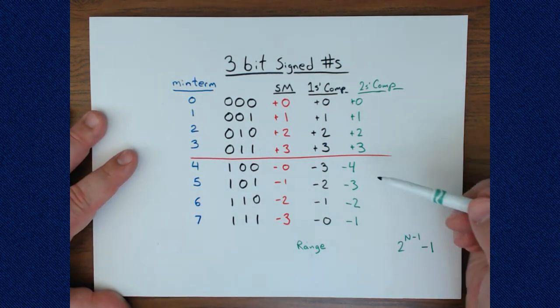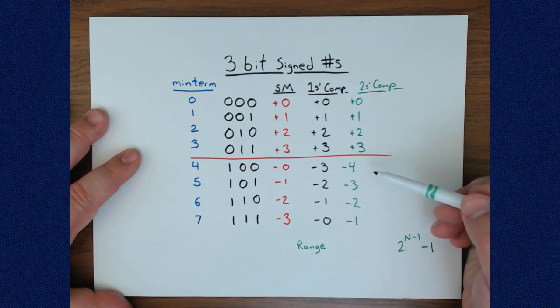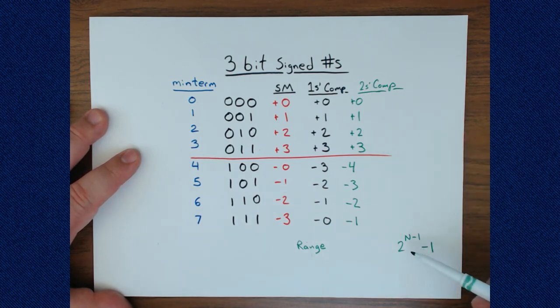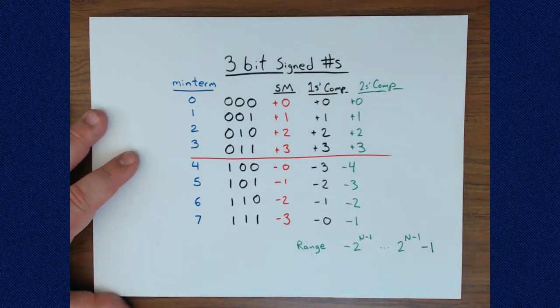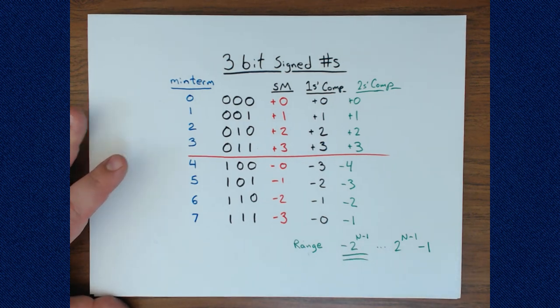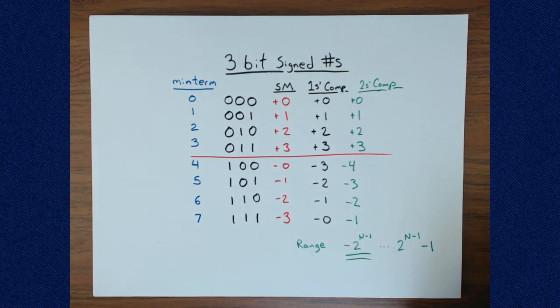However, we can go all the way down to negative 4. And as that relates to a power of 2 and in terms of n, that's really negative 2 to the n minus 1. But now we don't have to add 1. We have actually extended the range. And so the bottom end of our range is a little bit different.